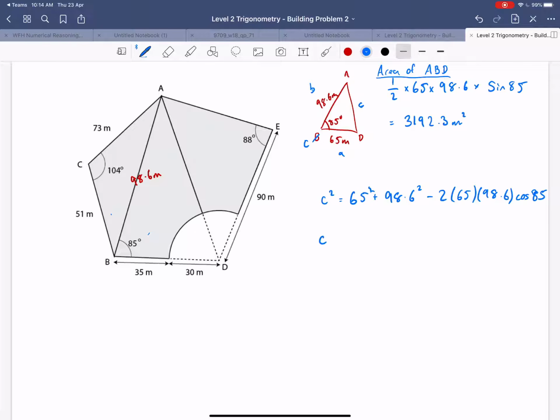To get c, you need to square root all of that above line. Okay. So c is the square root of 65 squared plus 98.6 squared minus 2 times 65 times 98.6 times cos 85.